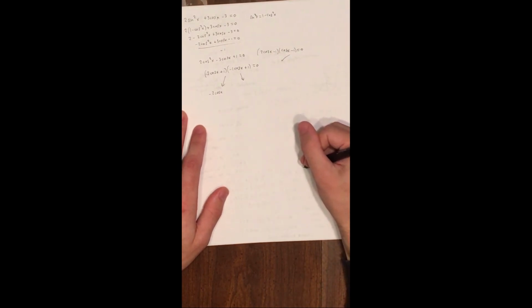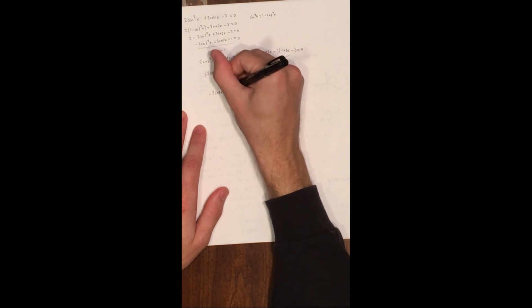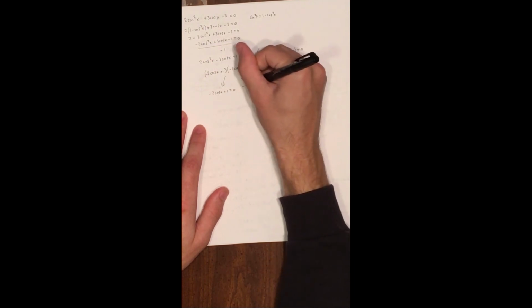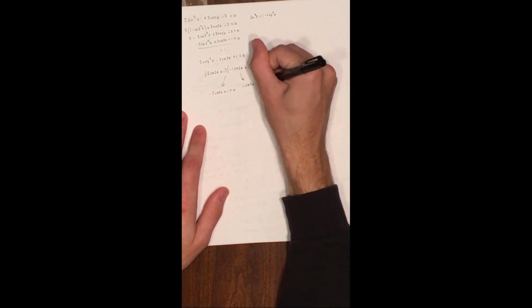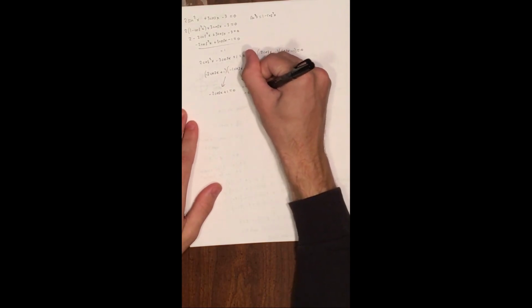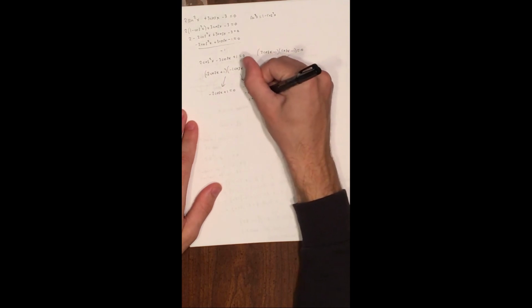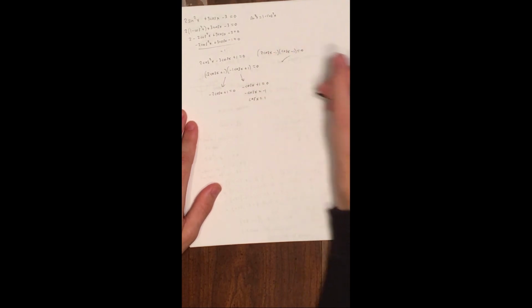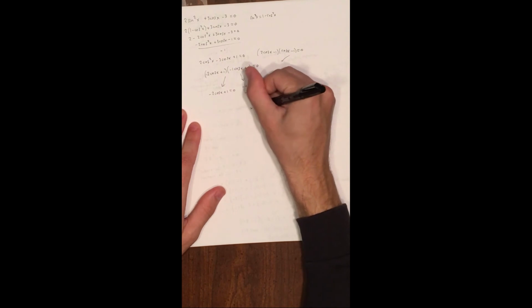We can use the zero product property and get two equations. Minus 2 cosine of x plus 1 is equal to 0, and minus cosine of x plus 1 is equal to 0. So minus cosine of x is equal to minus 1. Cosine of x is equal to 1. Oh, sorry, I'm doing the right one first for no good reason. x is equal to the inverse cosine of 1.